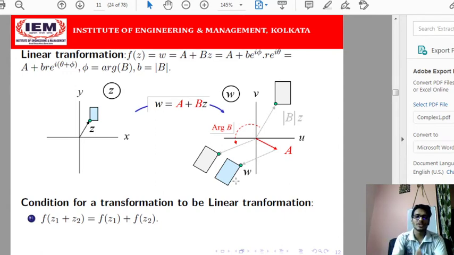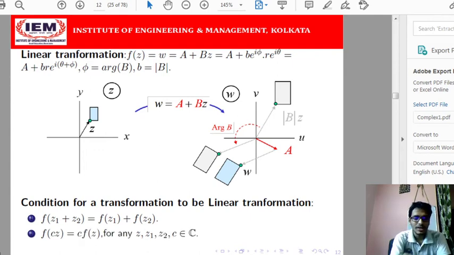In the first semester I studied linear transformation. A function of a complex variable is a linear transformation if two conditions are satisfied. The first one: if I add two inputs and then apply the function, it is the same as applying the function to each variable and adding them together.